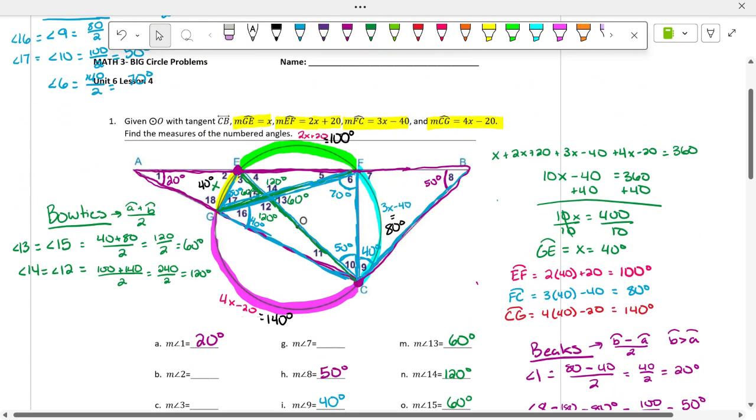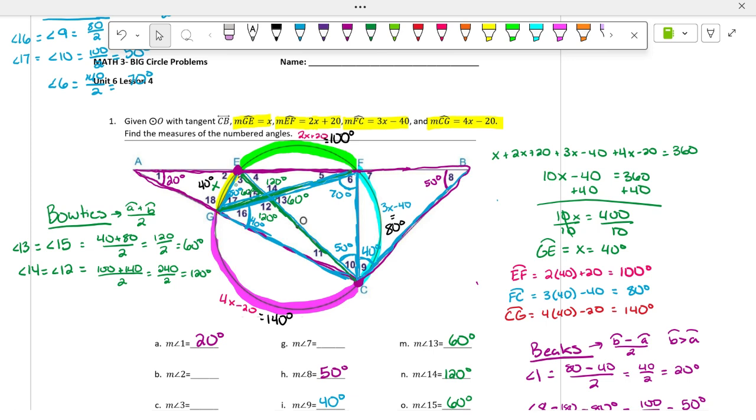What's another one? 3 is also one. So 3 is right here. What's the arc that intercepts 3? 140. So 3 is going to be the same thing as 6, which is 70. So 3 is 70 degrees.